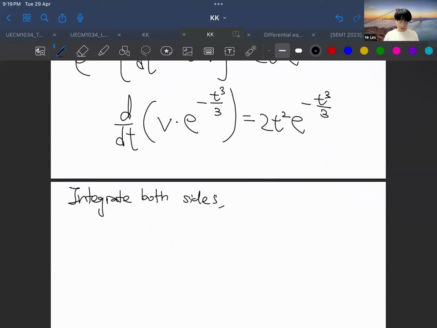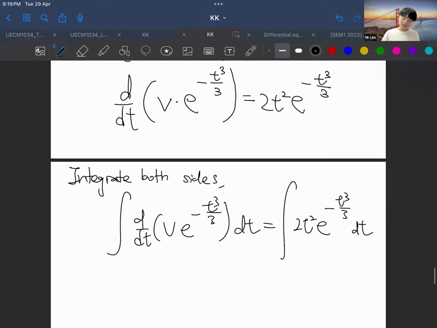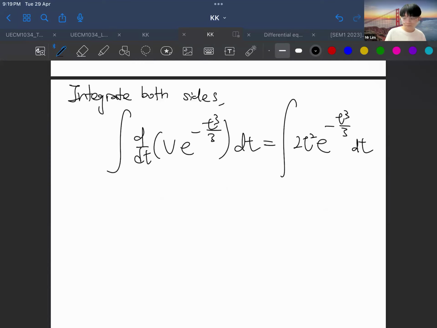Integrate both sides. So the integration of d/dt of v e^(-t³/3) dt is equal to the integration of everything here, 2t² e^(-t³/3) dt.